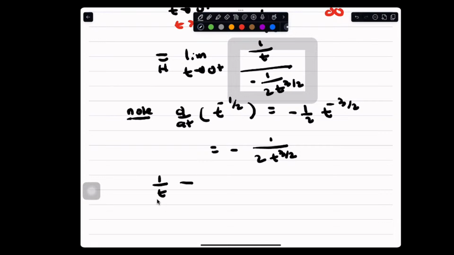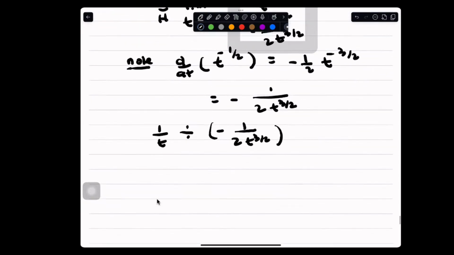So let's do some of that algebra now. 1 over t divided by negative 1 over 2t to the 3 halves, which is 1 over t times, flip this over, negative 2t to the 3 halves, over 1.